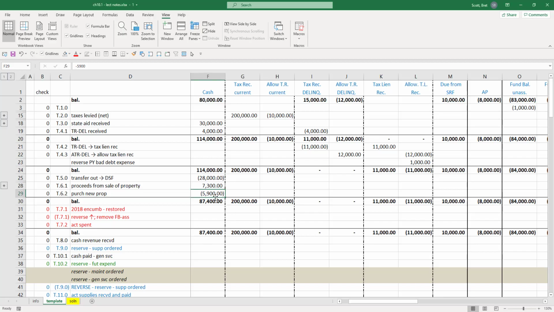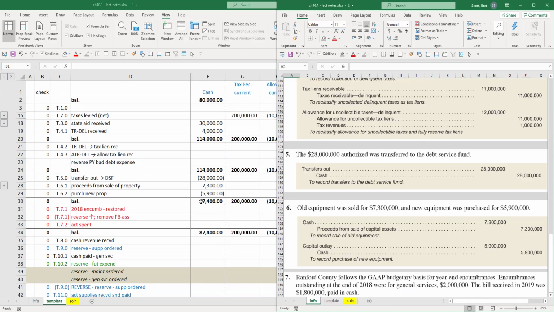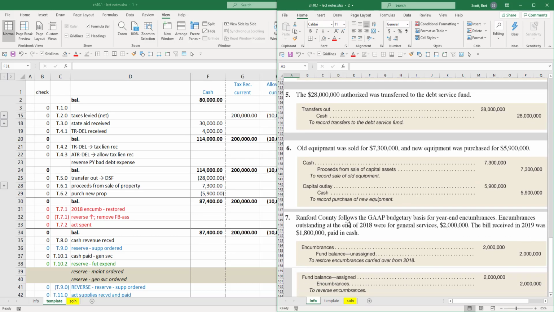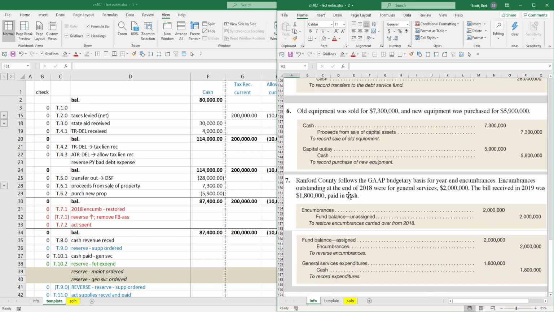So what's our next journal entry? Well, let's take a look over here. We've got transaction number 7. So Ranford Company is following GAAP budgetary basis for the year-end encumbrances. Encumbrances outstanding at the end of 2018, beginning of 2019, beginning of this year, were $2 million.